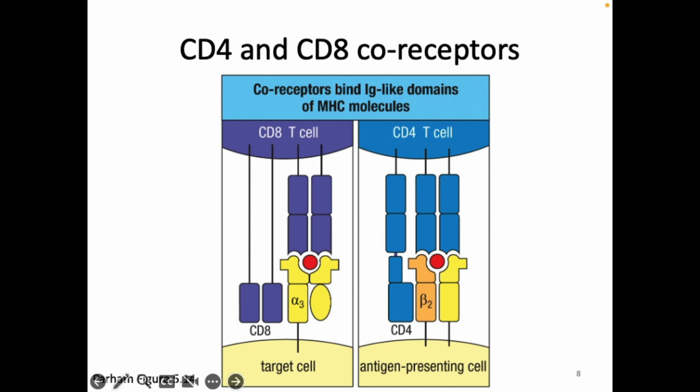We talked about these as proteins that were stabilizing the interaction between the T cell receptor and MHC, which is correct. You can see CD8 is binding to class 1, CD4 is binding to class 2. In either case, the co-receptor protein is binding to a conserved domain at the back of the MHC molecule and stabilizing this interaction next to the T cell receptor.